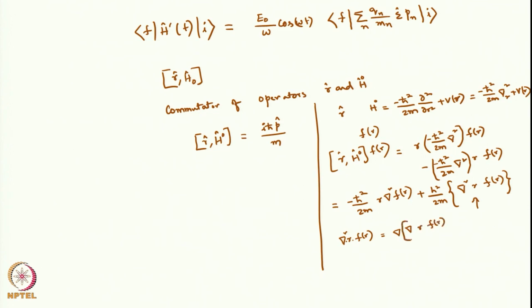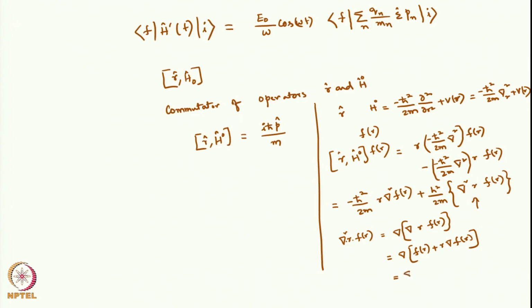So, one can first evaluate this. This is nothing but del times, now del is nothing but d by dr. So, you have a differential function. First it acts on R, so it will give you 1, so you will get f of R. Now, the second acts on f of R, so what you will get is plus R times del f of R. Now, again the second differential acts on it.